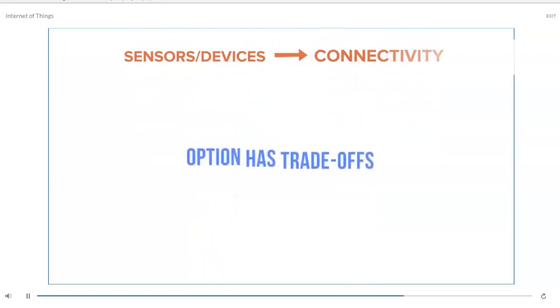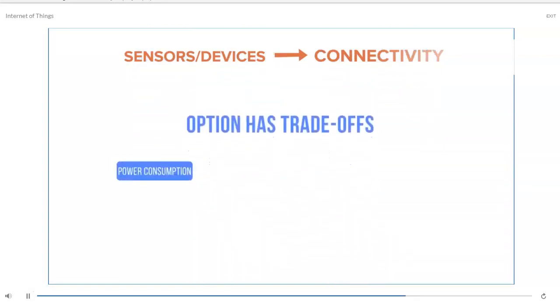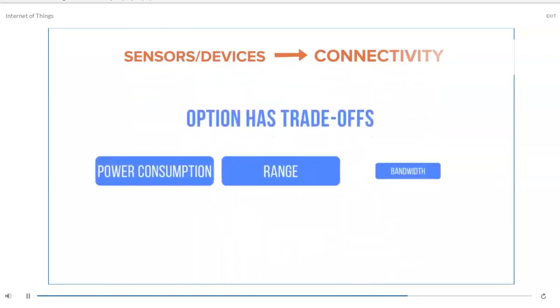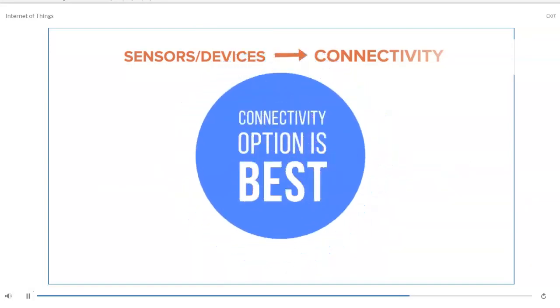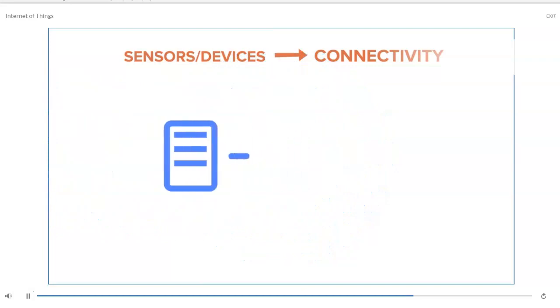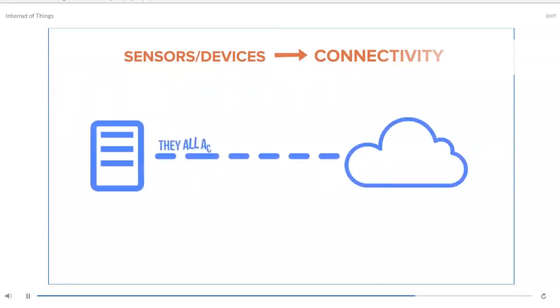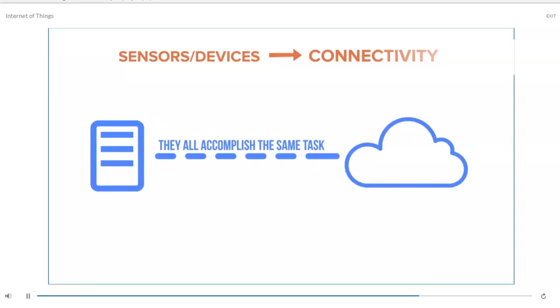Each option has trade-offs between power consumption, range, and bandwidth. Choosing which connectivity option is best comes down to the specific IoT application, but they all accomplish the same task: getting data to the cloud.